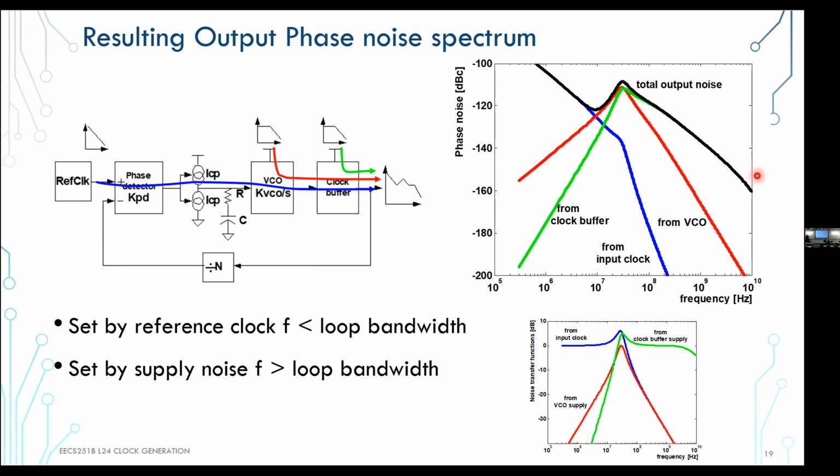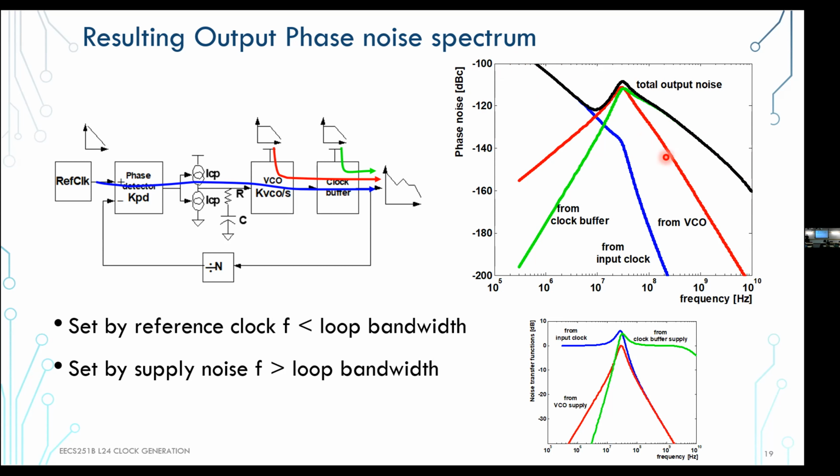The key takeaway here is, looking at the overall phase noise, anything below the loop bandwidth is really dominated by the reference clock. Anything above the loop bandwidth is going to be dominated by the supply noise, or the VCO noise and clock buffer noise.